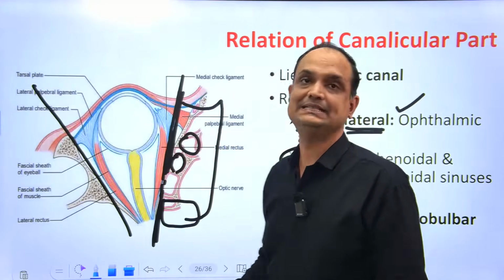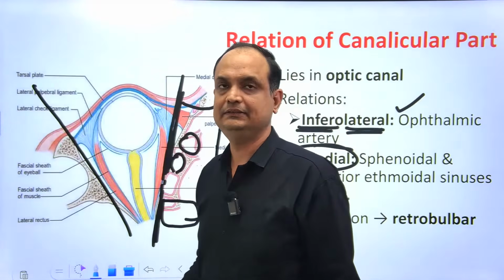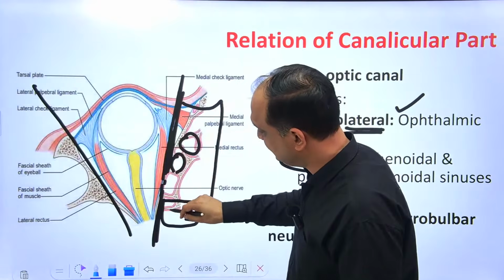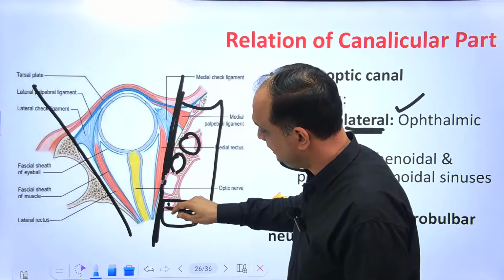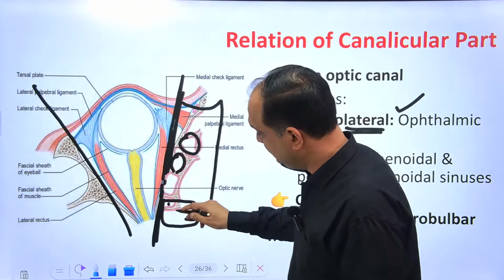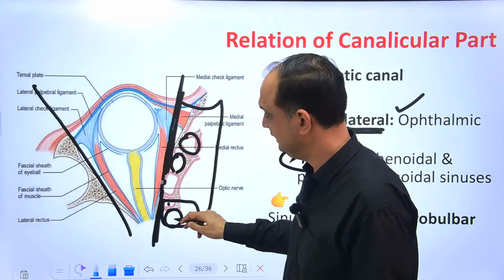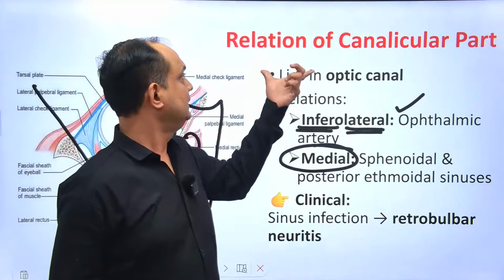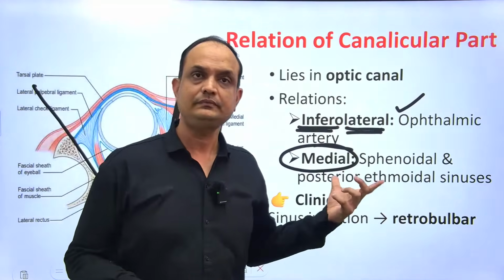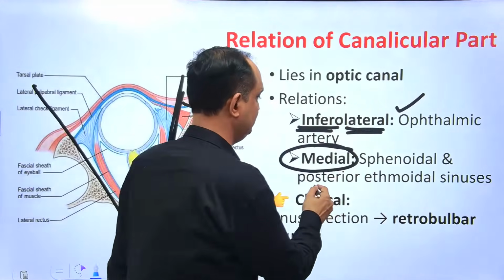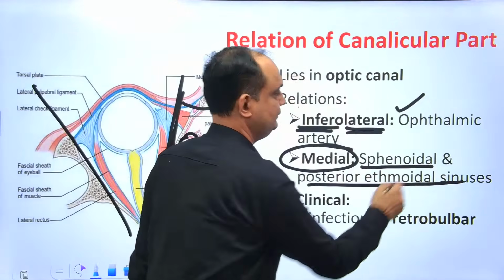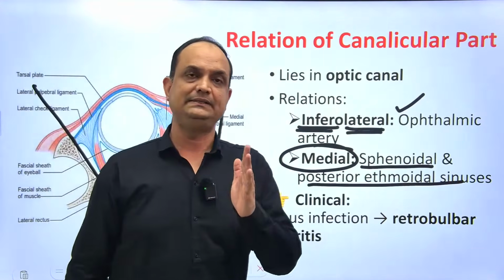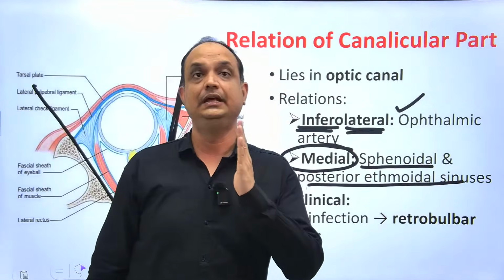These are the sinuses. These are air sinuses. So the posterior ethmoidal sinus now comes here in relation with the canal, and the sphenoidal air sinus also comes in relation with the canal. So this canalicular part is related with the posterior ethmoidal air sinus and sphenoidal air sinus, and they are separated by a very thin layer of bone.